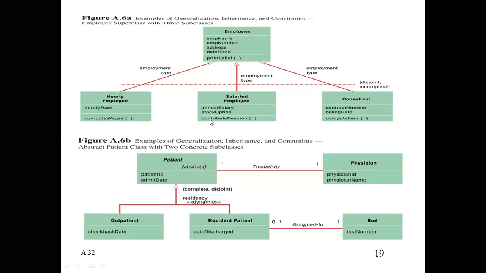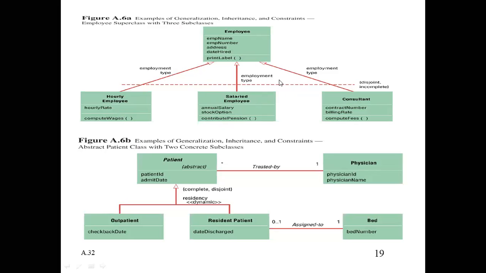If he is a salaried employee, his annual salary will be calculated and he will contribute to the pension. If he is a consultant, we will compute the fees for that particular class. So this concept of dividing a generalized class into specialized classes, this arrow, represents the concept called generalization.